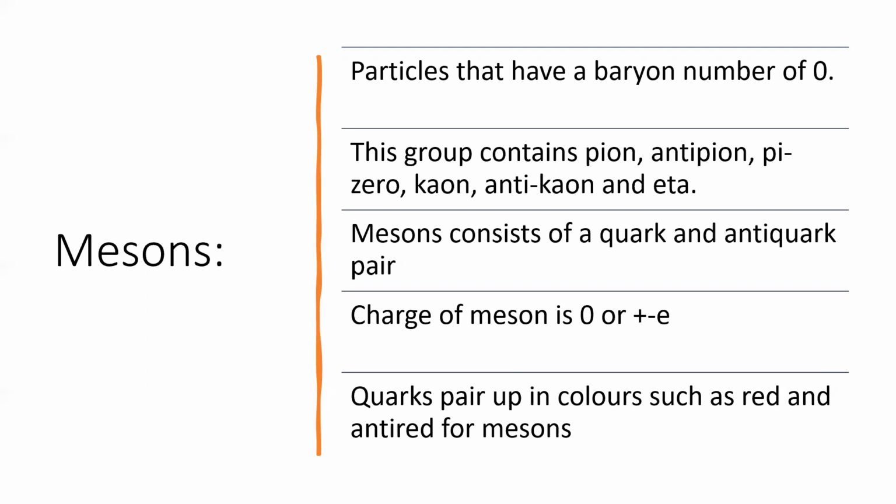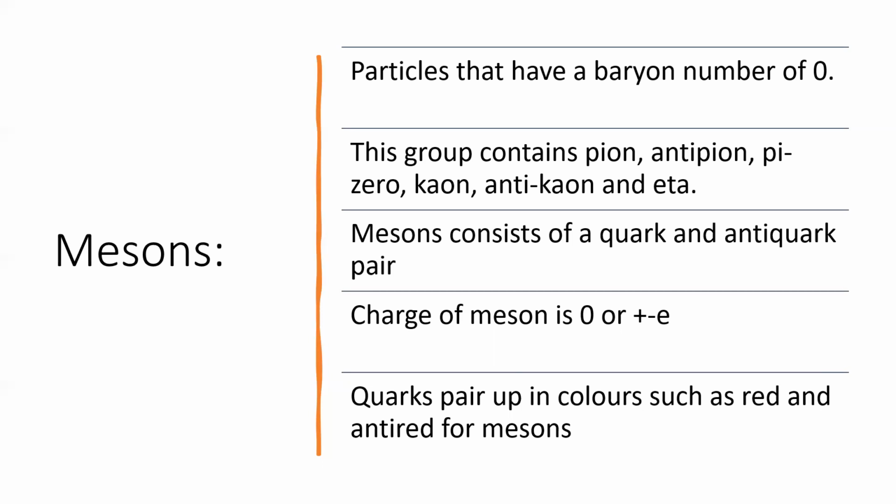Mesons consist of pion, antipion, pi 0, kaon, antikaon, and eta. Pi 0 is its own antiparticle. Eta is its own antiparticle. Mesons consist of a quark and antiquark pair. Always remember, baryons consist of 3 quarks, UUD, DDU.